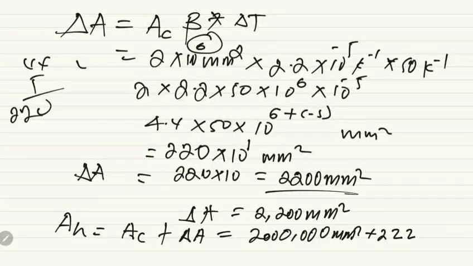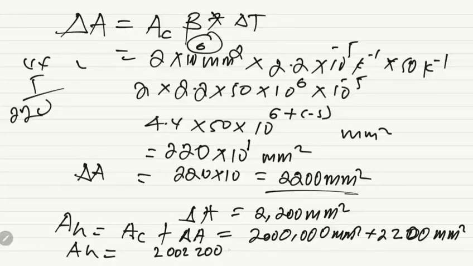When you add this, you get the area at the hotter temperature is equal to 2,002,200 millimeter square, which is going to be the final area.